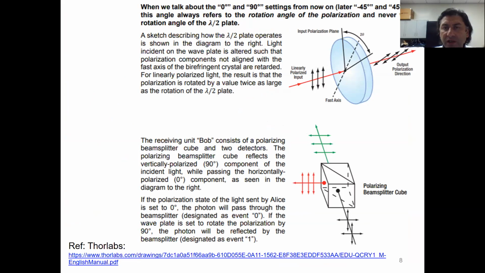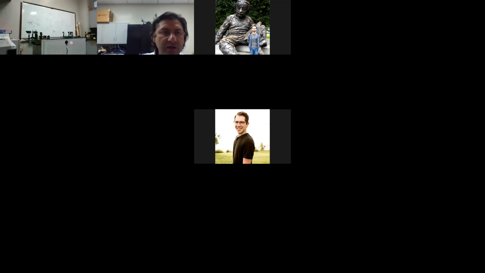We are going to try that. And you can rotate it and see the effect on the count of the photons. Okay, so we'll see how we can do that. So now with this introduction, if you don't have any question, by the way, I also show you, stop the share. I show you the beam splitter. It's just a kind of a cube, like this is a beam splitter, and you'll see that in the experiment.